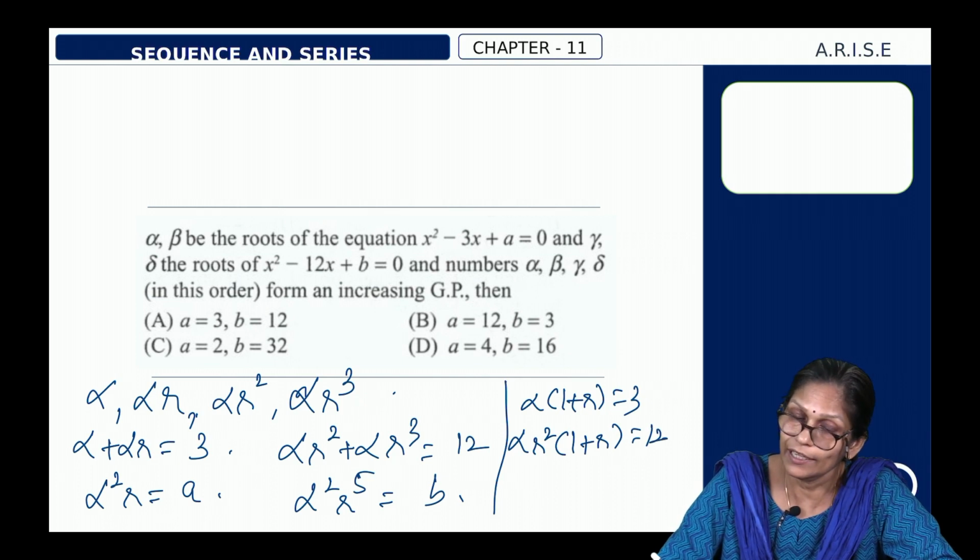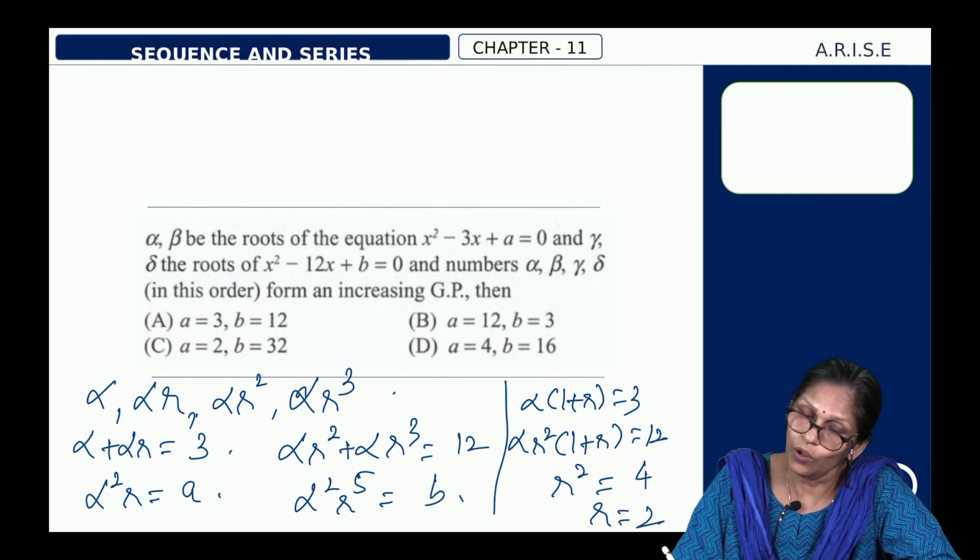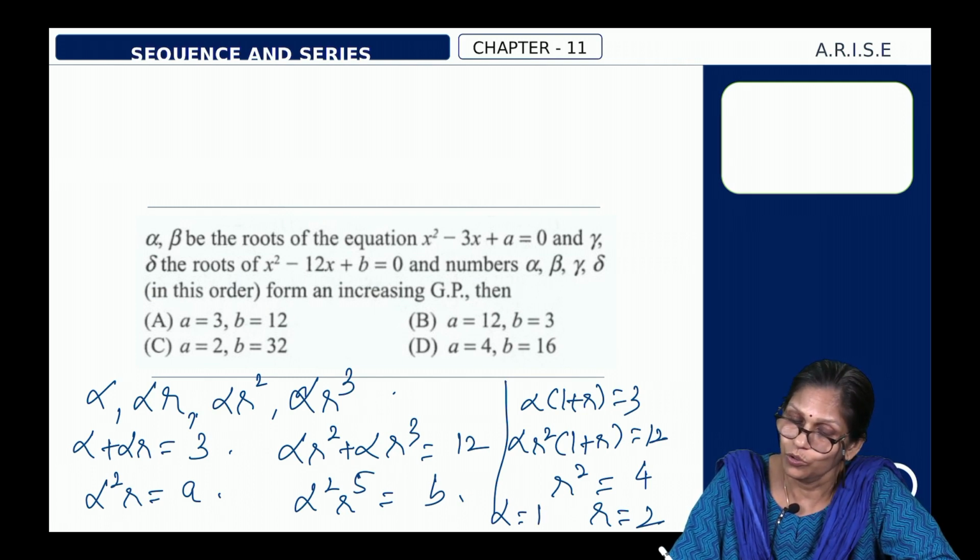If I divide these two, alpha into 1 plus r will cancel, r squared is 4, r is plus or minus 2, but it says it's an increasing GP, so r is 2. Now, if r is 2, what is alpha? Substitute r as 2 here, alpha is 1. So, you found the values of alpha and r.